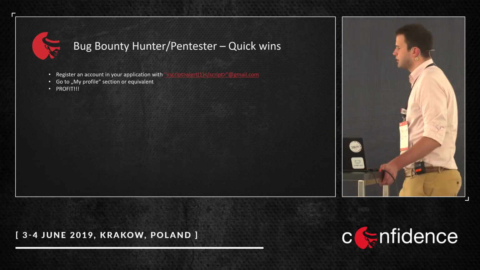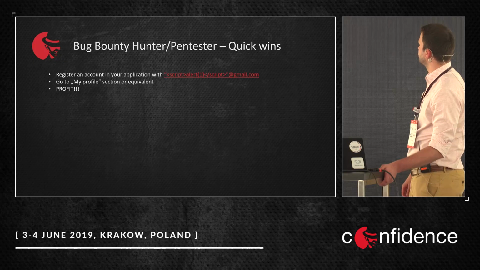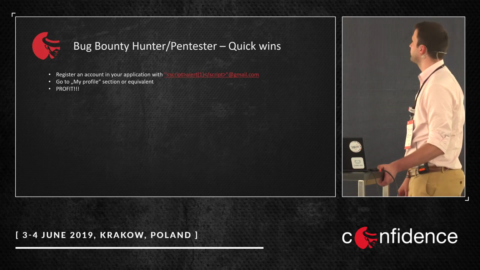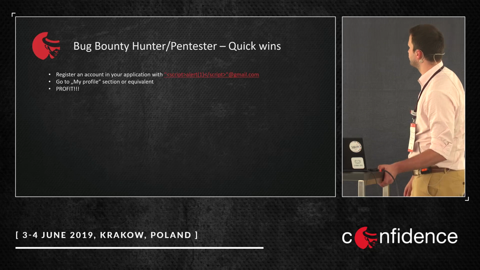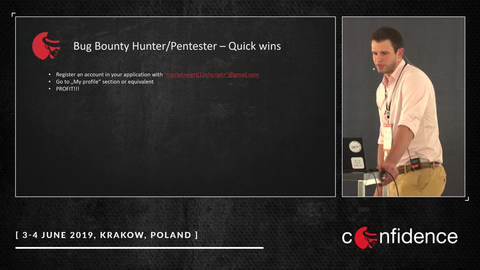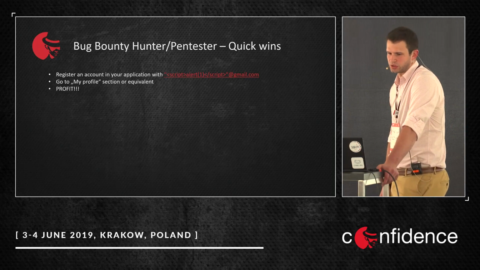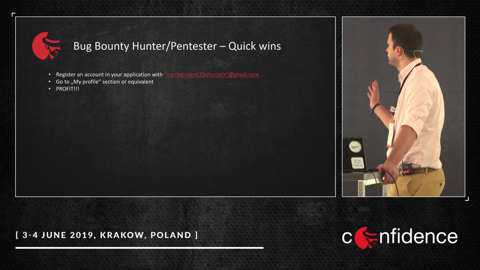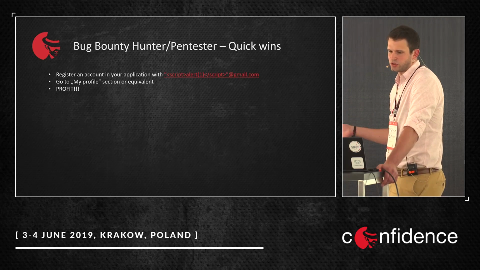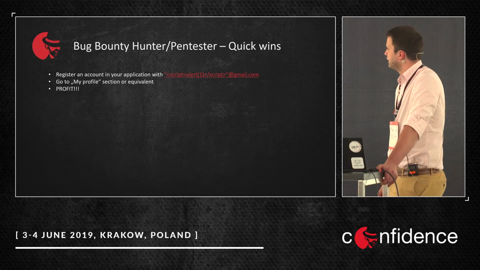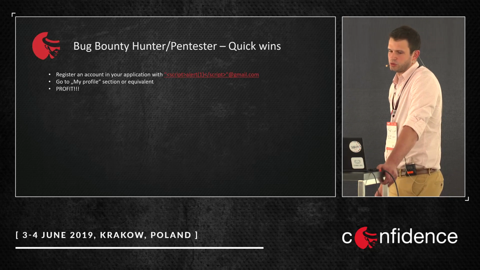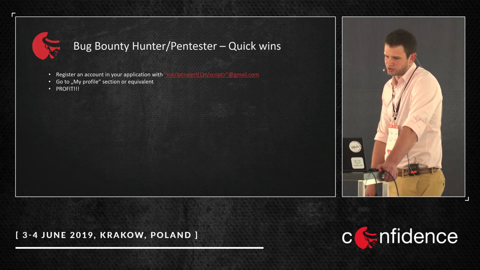Okay, going to the takeaway section. If you're a bug bounty hunter or pen tester, here are some quick wins for you. You can go to your favorite web page and try to register yourself with this kind of email. If you are successful, you can go to the my profile section or some similar thing in the application, and there is a huge chance that you will spot a persistent cross-site scripting.